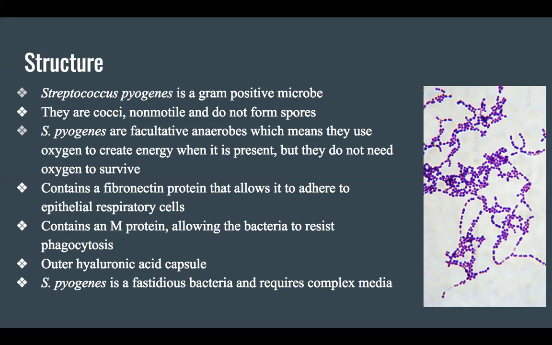They contain an outer hyaluronic acid capsule, and S. pyogenes is a fastidious bacteria, and it requires complex media with specific nutrients in the culture medium to grow and thrive.